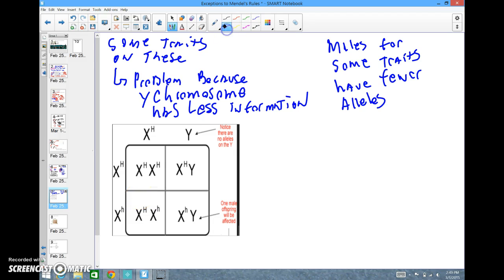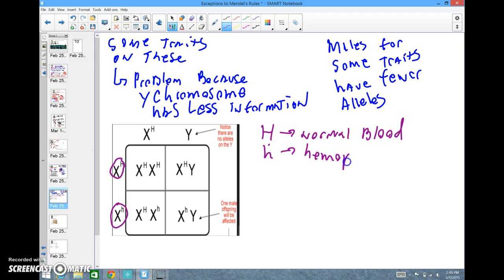Now on this side of the Punnett square you have the female. Now one of the female's gametes is X big H. All right. And let's say big H means that you have normal blood. Okay. Now this female also has X little h, and little h means you are a hemophiliac.